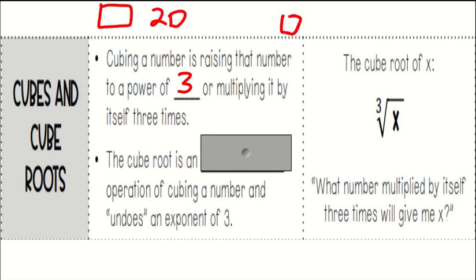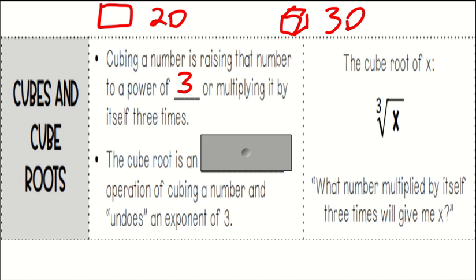When you have a cube, and not a great drawing, but a cube is a 3D shape. That D is for the dimensions: length and width for a 2D shape, length, width, height for the 3D shapes. That's where those exponents are coming from, okay?